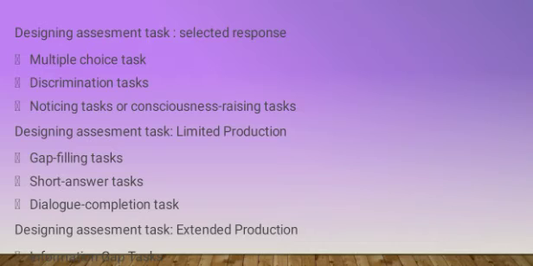Next, role play or simulation task. The input presents test takers with a language or non-language prompt and asks them to take on a role or simulate a situation to solve a problem, make a decision, or perform some transaction collaboratively.